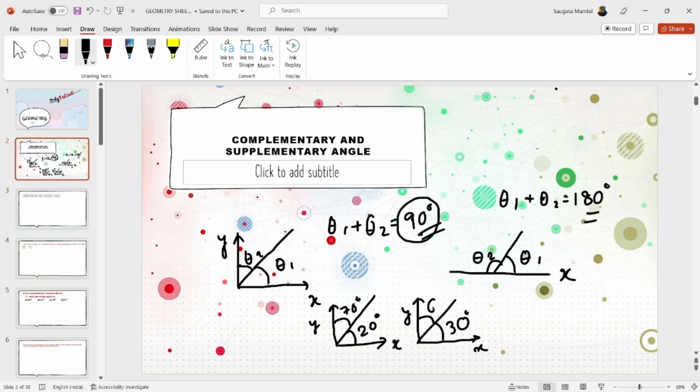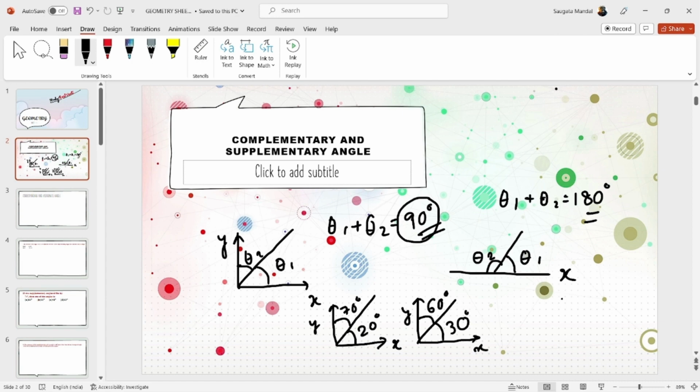It must be 60 degree. How can we get it? 90 degree minus 30 degree, that is 60 degree. Therefore, the sum of two angles, that is 30 degree and 60 degree, is always equal to 90 degree.